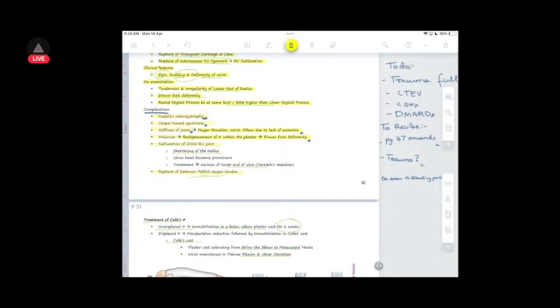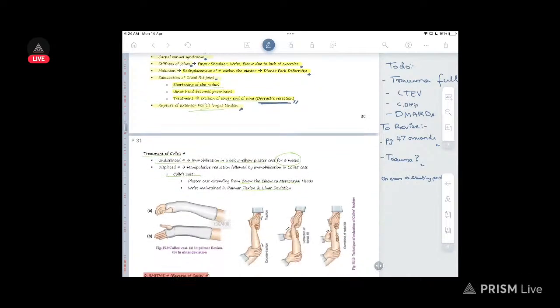Then subluxation of the distal radioulnar joint will be there, and there is shortening of the radius. The ulnar head will become very prominent, and treatment is excision of the lower end of the ulna, which is Darrach's resection. And rupture of the extensor pollicis longus tendon can also be there.